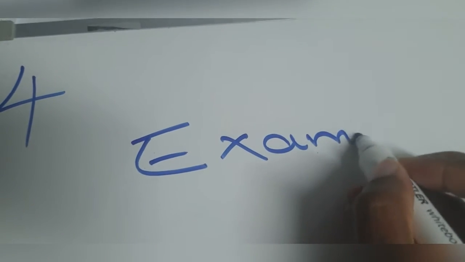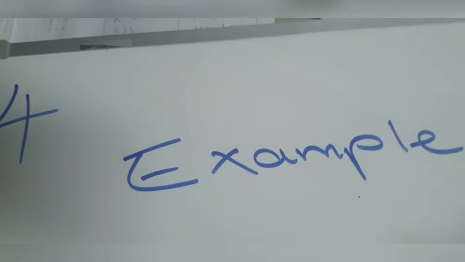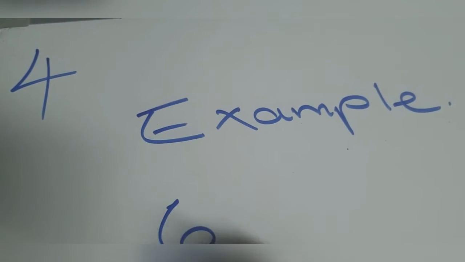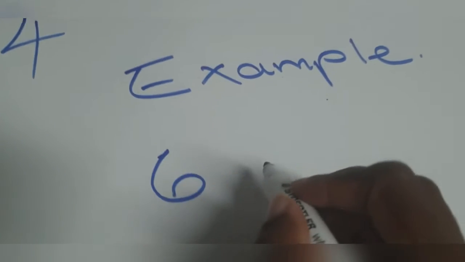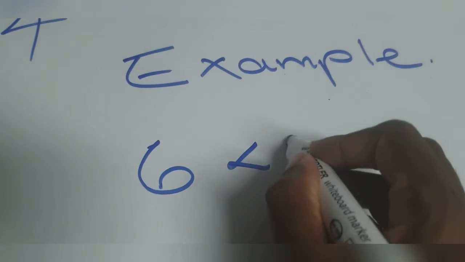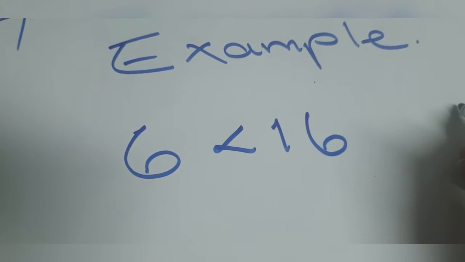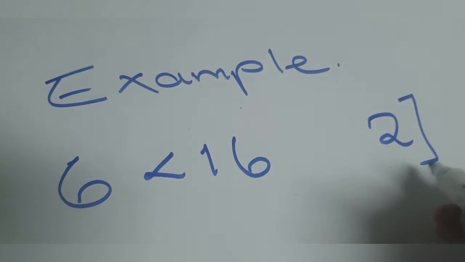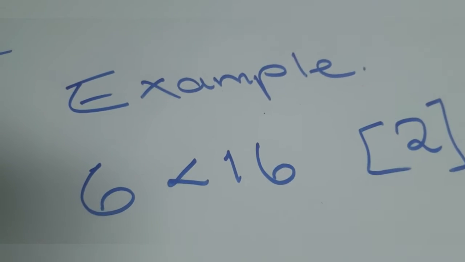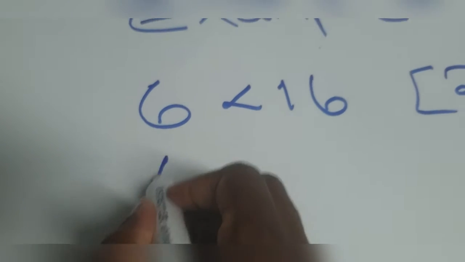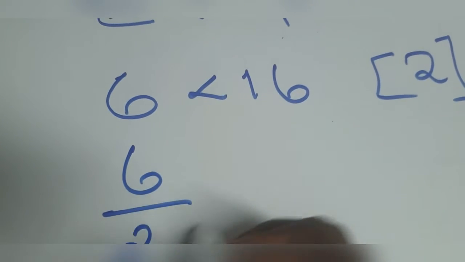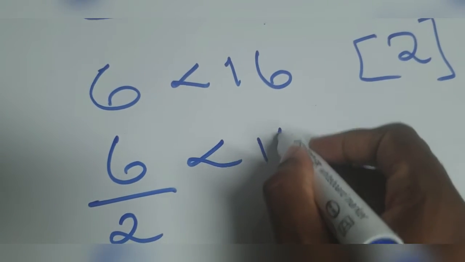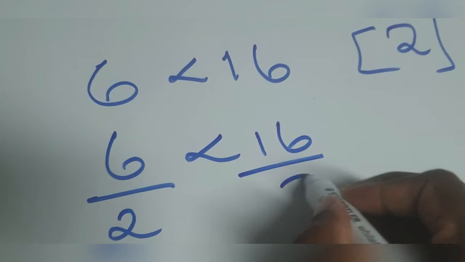On page 7, part 4, we have an example. We have 6 is smaller than 16, and on the side we have 2. So how do we find the answer? You say 6 divided by 2 is smaller than 16 divided by 2.